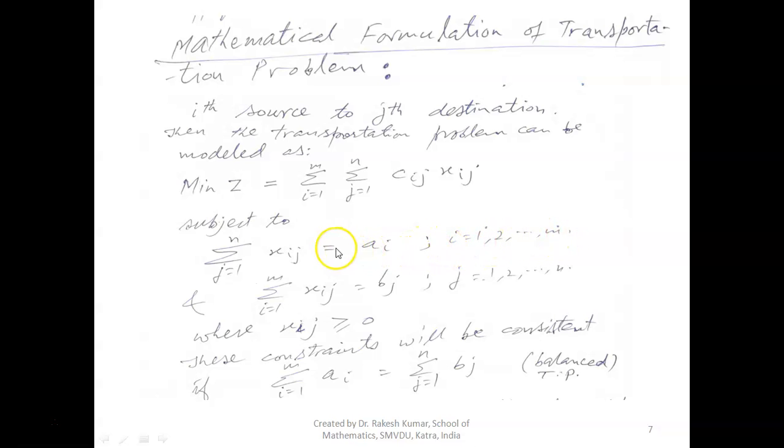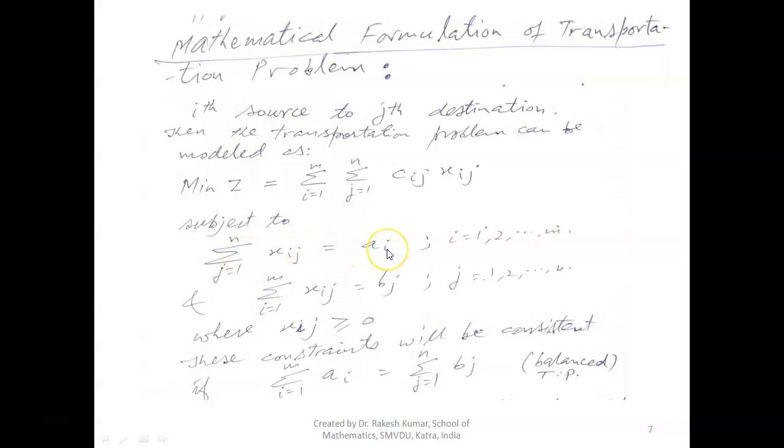What does this mean? That you cannot transport more than Ai from the ith supply center to all the j demand centers.